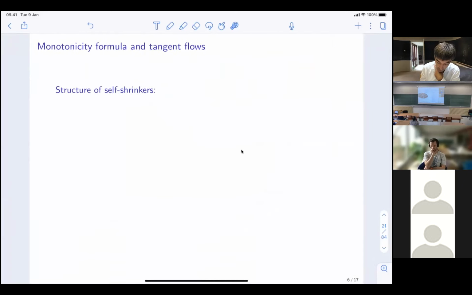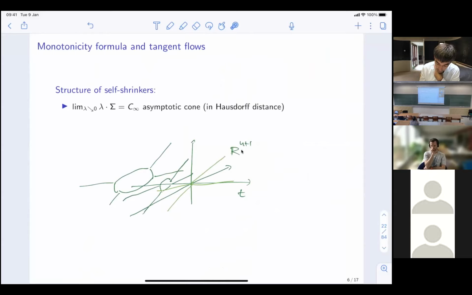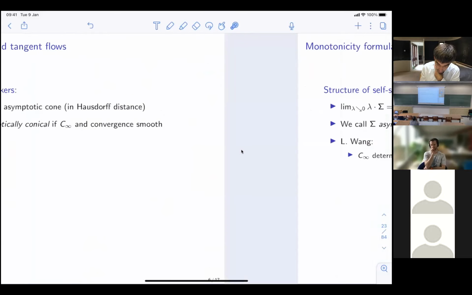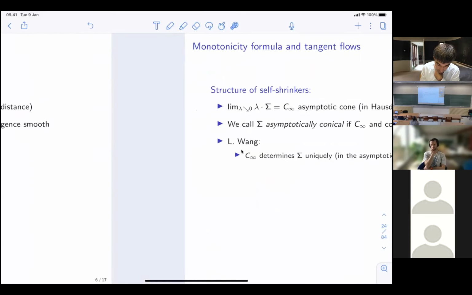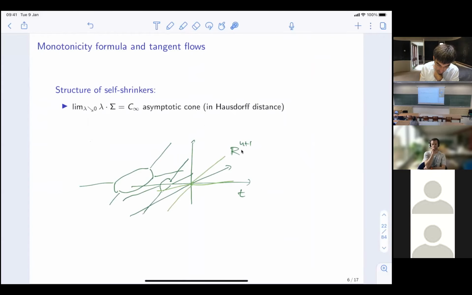Now, what is the idea of Lu's proof? The idea is this picture. You have the self-shrinker evolution, and it evolves into the cone. Assume you have two solutions with the same asymptotic cone. So you would have two solutions flowing into the same smooth hypersurface away from the origin. Now if you know parabolic equations, there's something like backwards uniqueness.